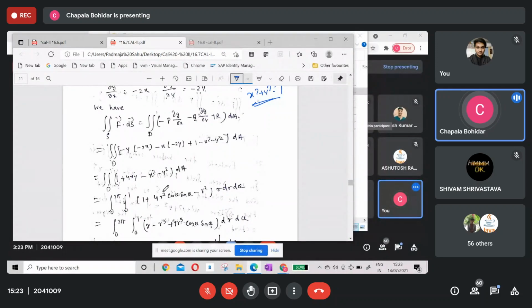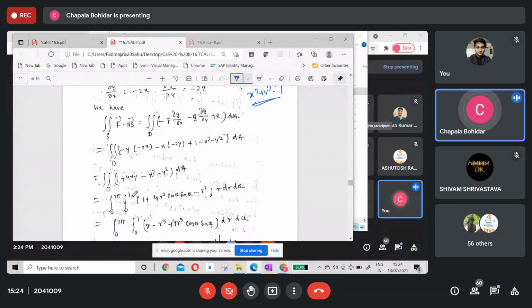Okay, so now we can convert it to polar form. Taking x square plus y square common as r square, and substituting x equals r cos theta, y equals r sin theta, we get 4 r square cos theta sin theta minus r square, and dA is equal to r dr d theta.